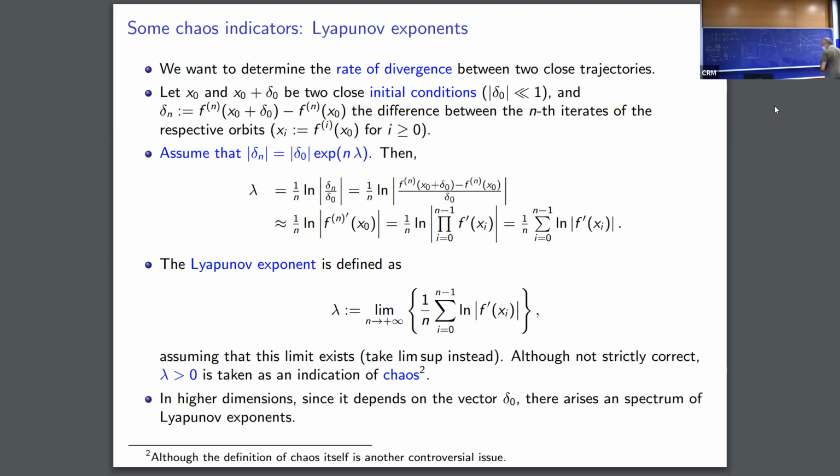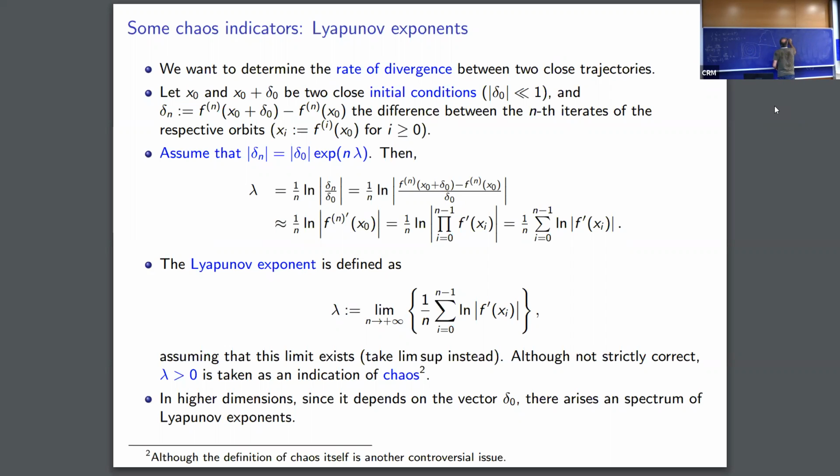I take a point x0, but this x0 means in R2, this is my point, but it does not mean x and y of my system. And then I compute the orbit.